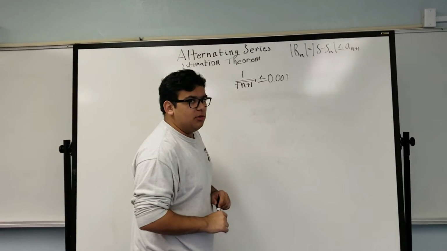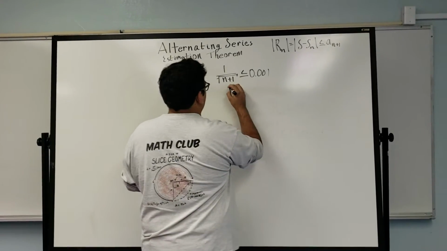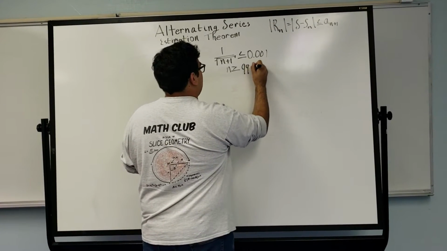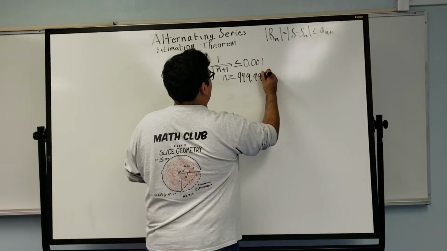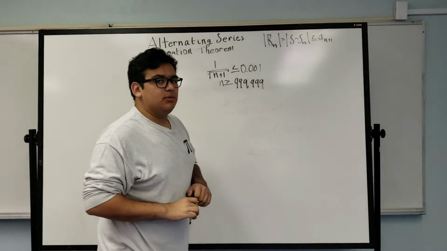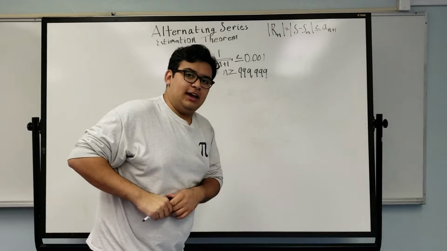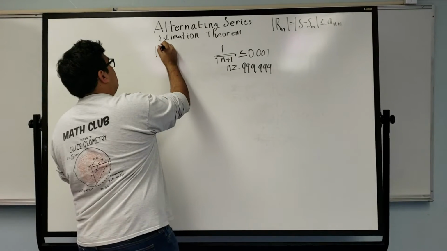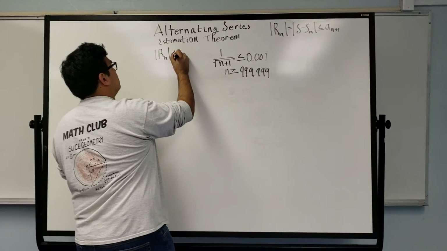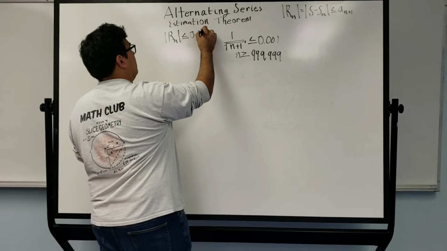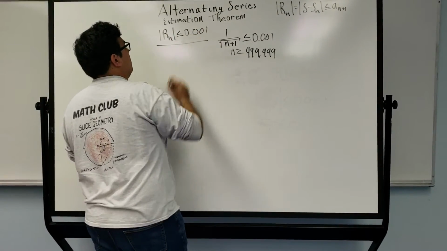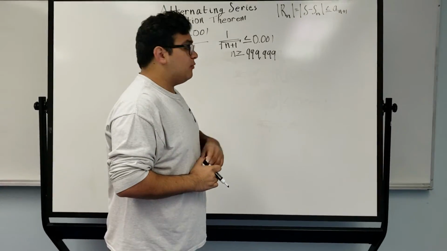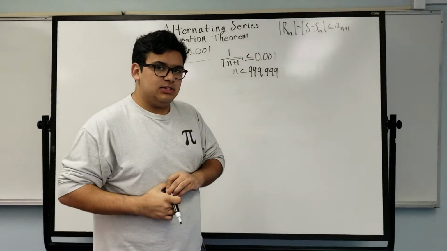Now, I'm going to skip all the arithmetic stuff, and what we'll end up with is n is greater than or equal to 999,999. So for this condition to be correct, we'll need to take the most conservative number from our series, the first neglected term.